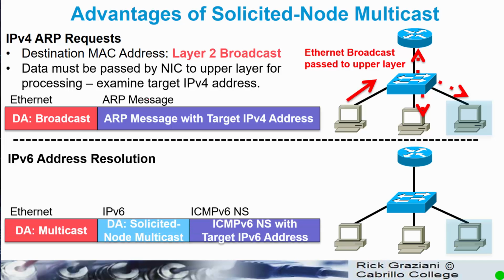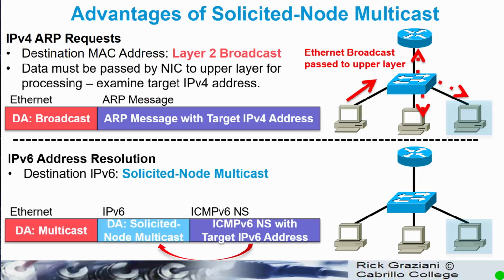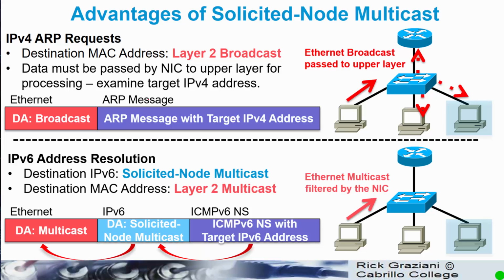So within this IPv6 address resolution, again, we're going to end up with a multicast. In our next portion, IPv6 will use a solicited node multicast. Notice it will be a solicited multicast based off of the solicited node multicast, which will be based off of the multicast portion of the Ethernet frame, which will then get its MAC address.